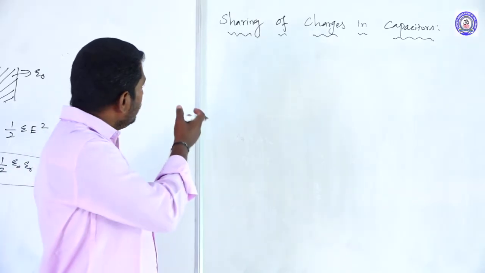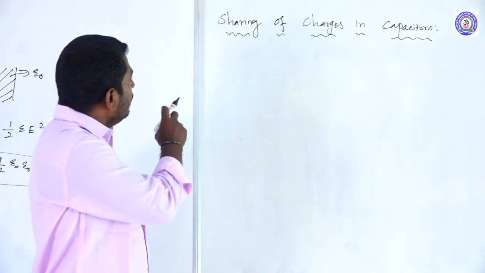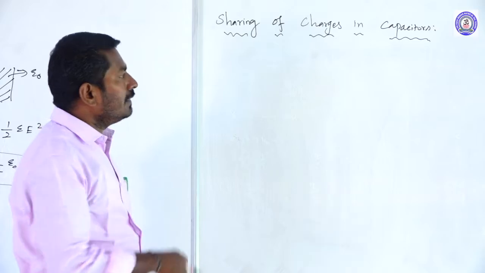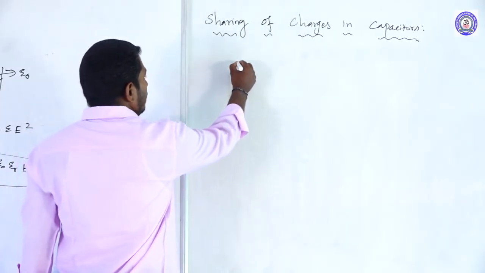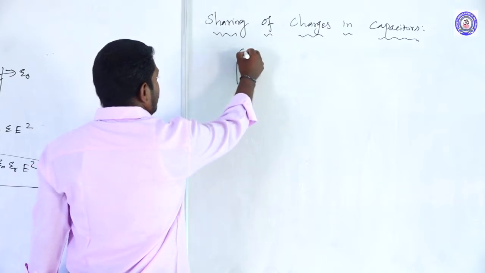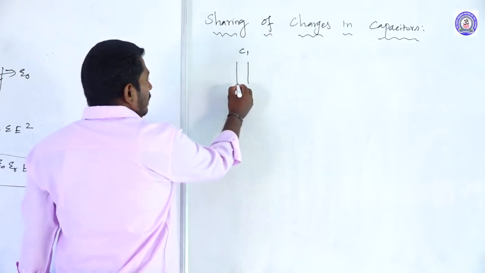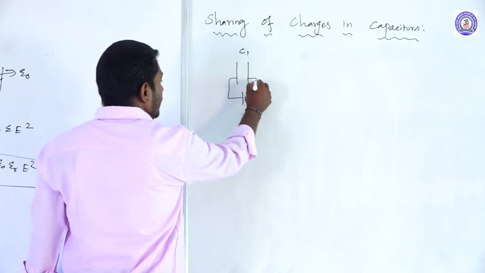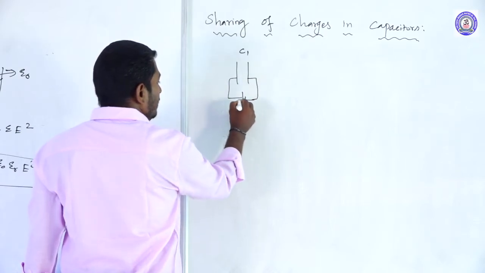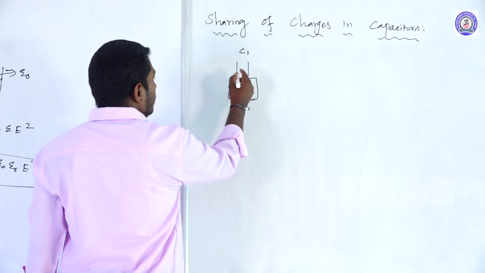We move to see another topic, sharing of charges in capacitors. Let us consider one capacitor has a capacitance C1. The capacitor is charged by a potential difference provided by the battery V1.